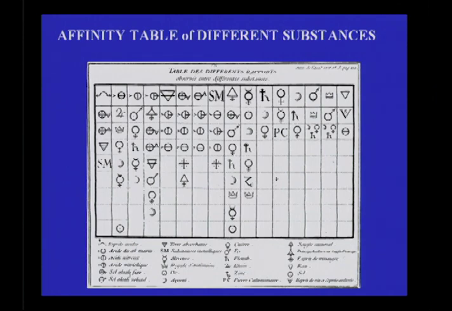Like associates with like: oil with oil and water with water, polar with polar, nonpolar with nonpolar. So it's a table of affinities of like associates with like. In chemistry, we have two concepts, the affinity principle and the other, opposites attract, like opposite poles attract.